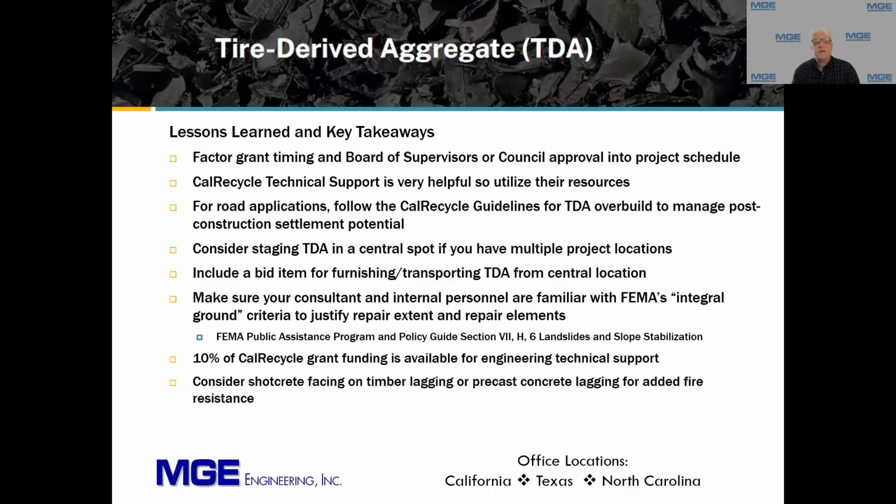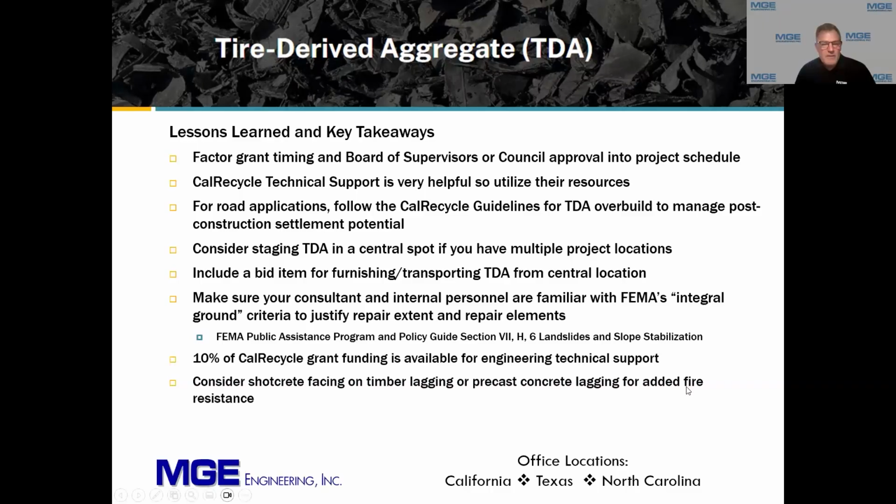So we use that to determine the length and size of the repairs, but also that factored into the TDA quantities that we included for the designs. So it's important to know that criteria, that is FEMA's basis, and then that way you make sure that everything that's included in the repair, those elements will be reimbursable as part of the program.